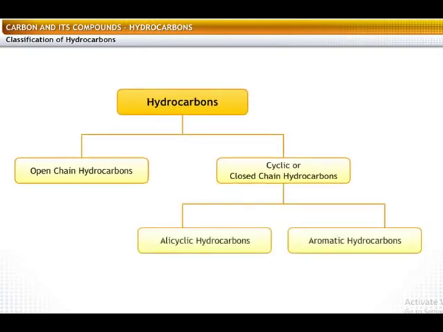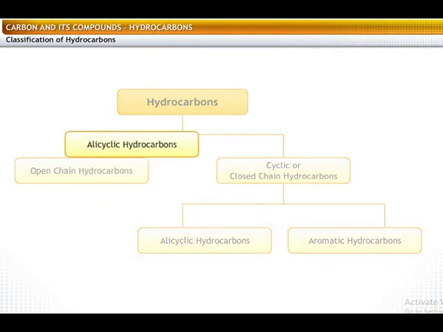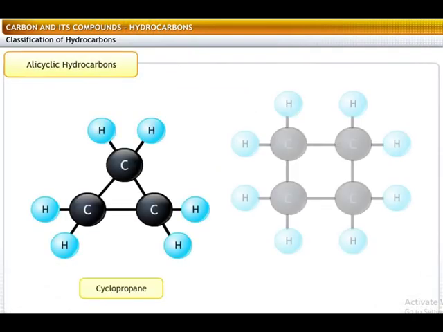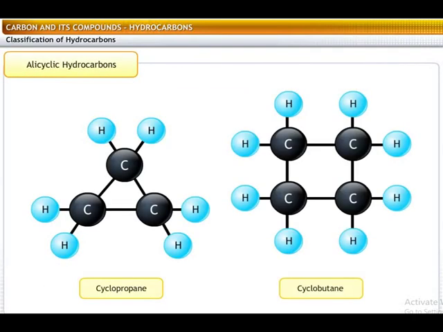They are of two types, alicyclic and aromatic. Alicyclic hydrocarbons are a category of carbon compounds which are in the form of a carbon cycle and contain 3 or more carbon atoms, thereby behaving like open-chain saturated hydrocarbons.